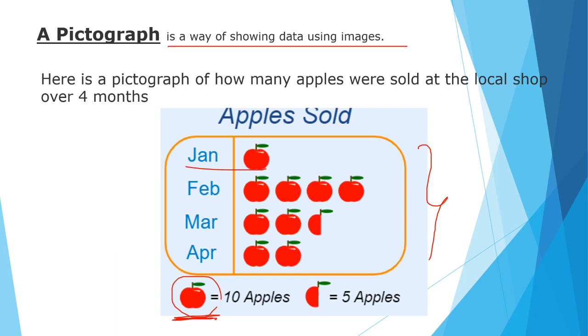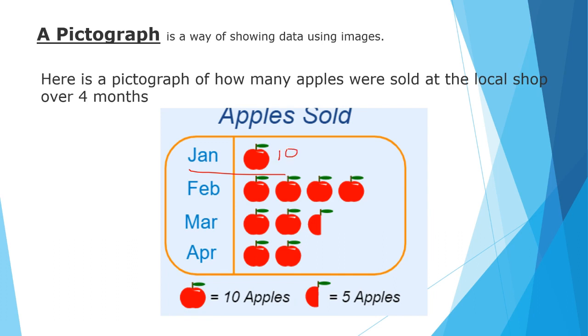Again, pag may nakita kayong picture, whole apple, it means 10 apples. Pero kung may nakita kayong half lang, ibig sabihin yan, it represents 5 apples. Kaya dito, sa January, we have 10 apples.